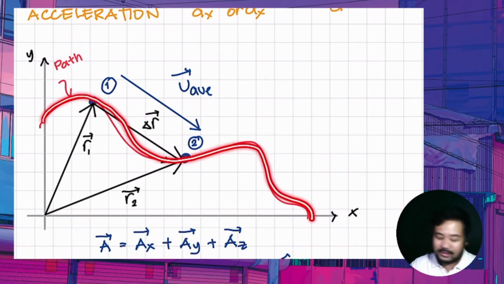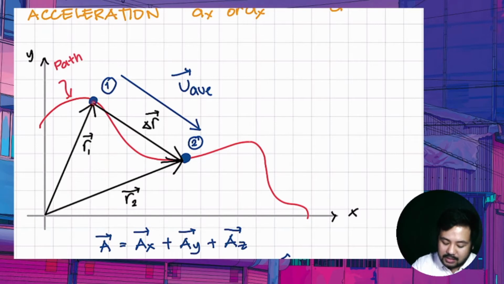So that's the path. Let's say, for example, a particle is coming from point 1 and then going to point 2. We have to note a reference point for us. Let's take note that our reference point, this is just for an example, is at this point. Okay, hence I wrote my x and y axis.